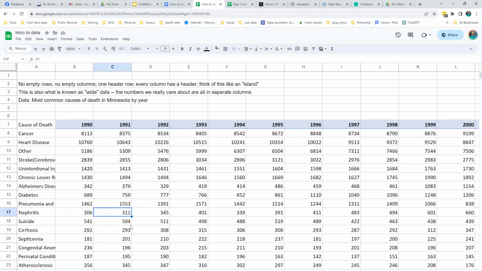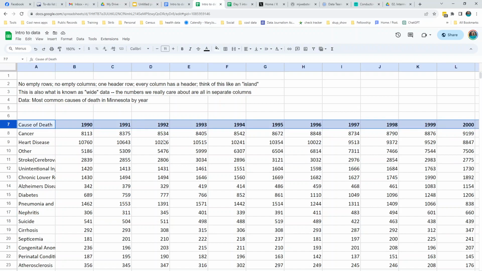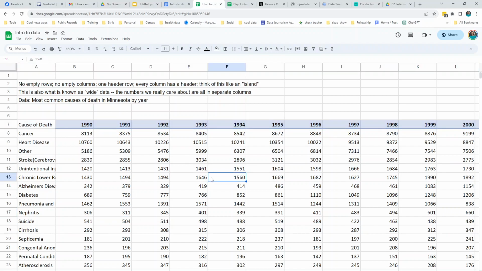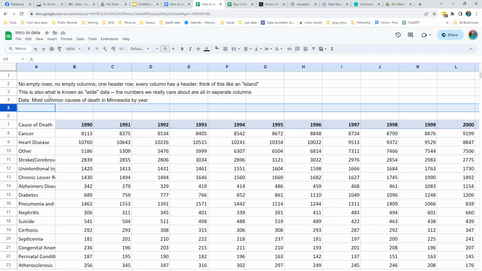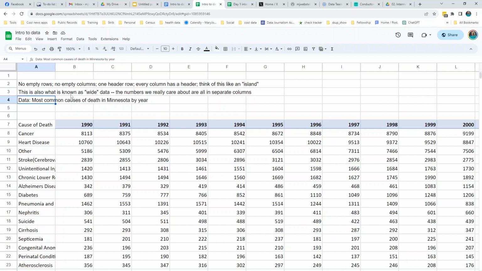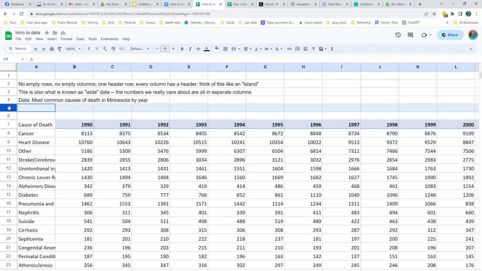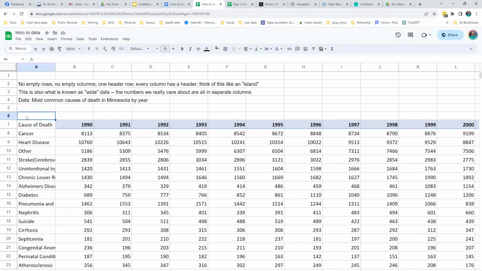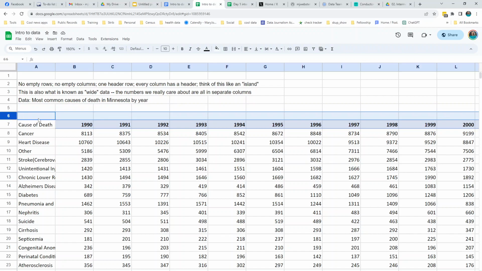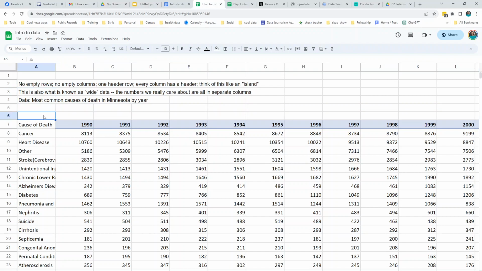So you want no empty rows, no empty columns, one header row here. And you want to think of this data kind of like an island. You want to notice that I do have some notes at the top here, and that's totally fine. But then there's blank rows, at least one blank row, if not more, between your notes and your data.